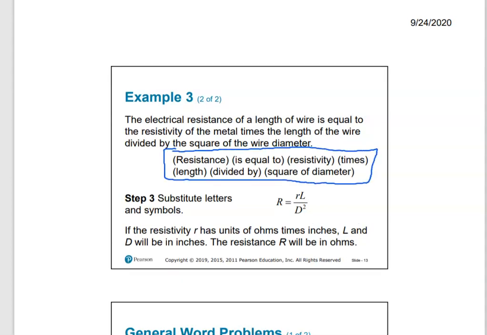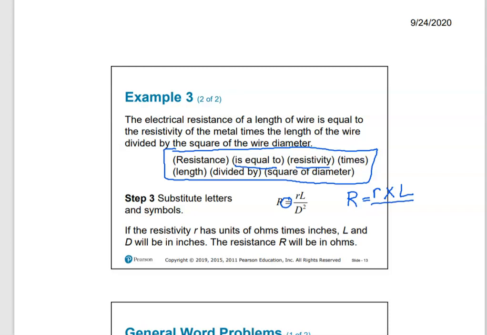Okay, they've used R for resistance is equal to the resistivity. Now they used a little r to represent resistivity because they used a big R for resistance. Times would be multiplied by L. Some of you may still want to write that with the little times sign in between, but you need to know that those two things mean the same thing.